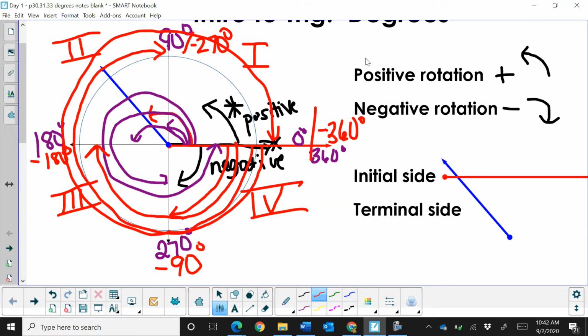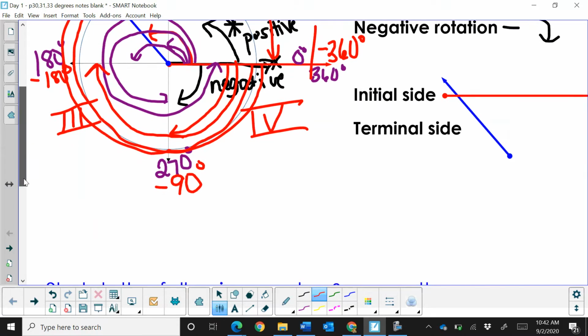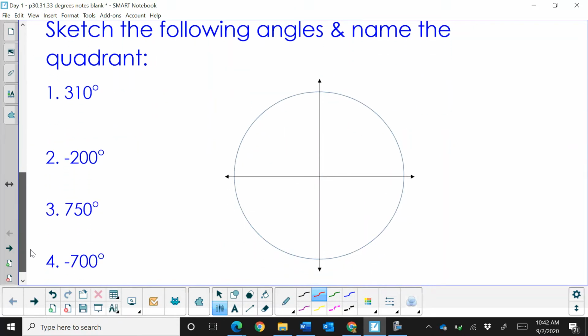So those are our positive and negative angles of rotation, our initial and terminal sides, and then how our quadrants, 1, 2, 3, and 4, and then how we create positive and negative angles from opposite directions. So let's sketch some.